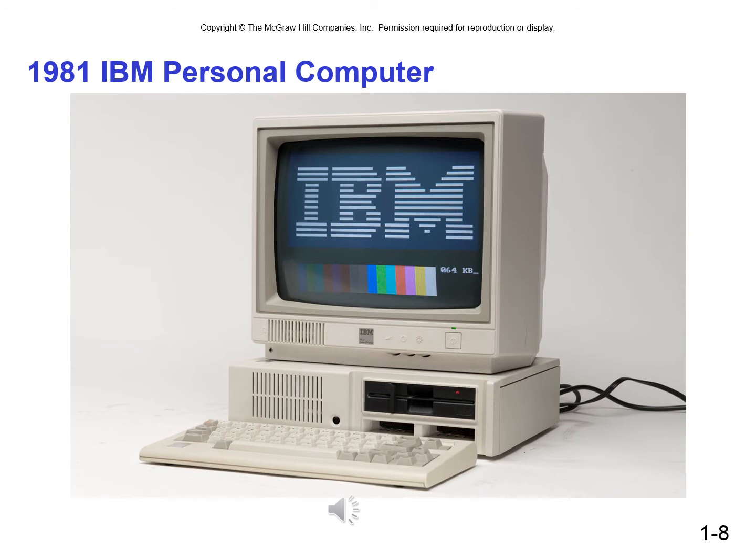And here we have a picture of the first personal computer, the IBM PC. This ran an operating system called PC-DOS. And then I don't quite know the history of how this happened, but there was a period of time where there was PC-DOS, which was IBM's version of the disk operating system.